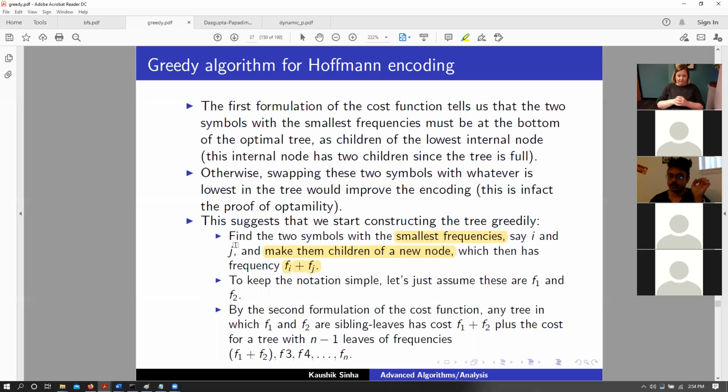Then once we have this new subtree, we continue this process again, considering this entire f1 plus f2 as a single node, and compare this with all the other frequencies, and we keep on creating this tree.